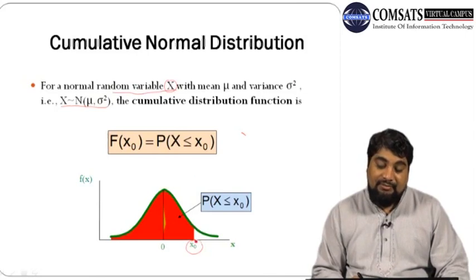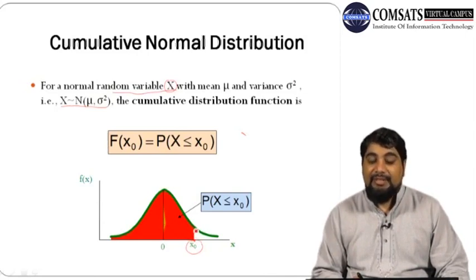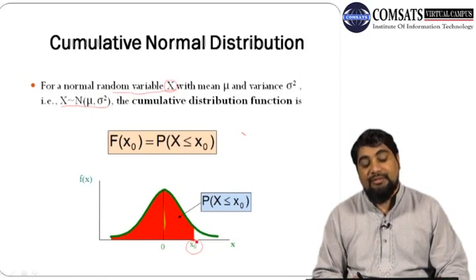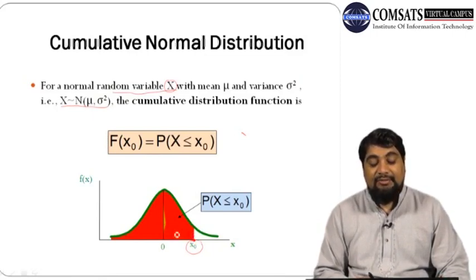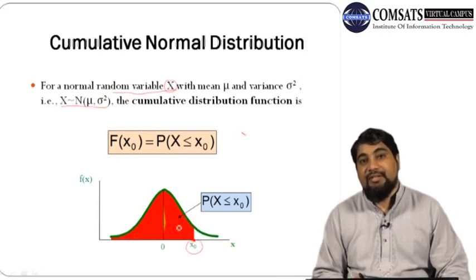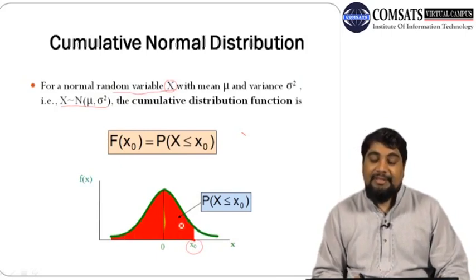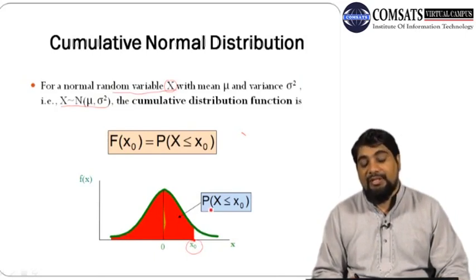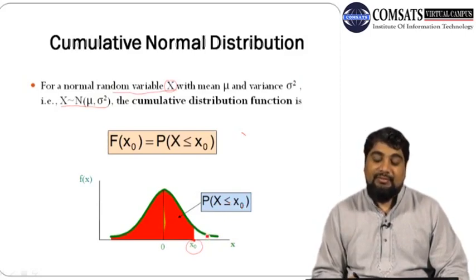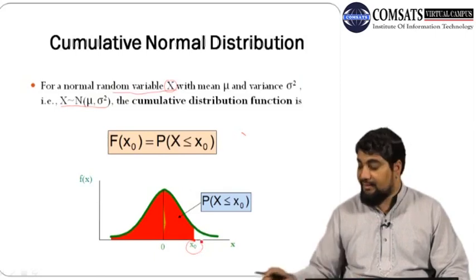It means we are interested in finding all this area, the red one, the probability that random variable x takes values less than or equal to this value x naught. All values which lie in this red portion are included. So this is the overall concept of CDF, that it gives the probability that random variable x is less than or equal to that particular value. Here in this case the value is x naught.